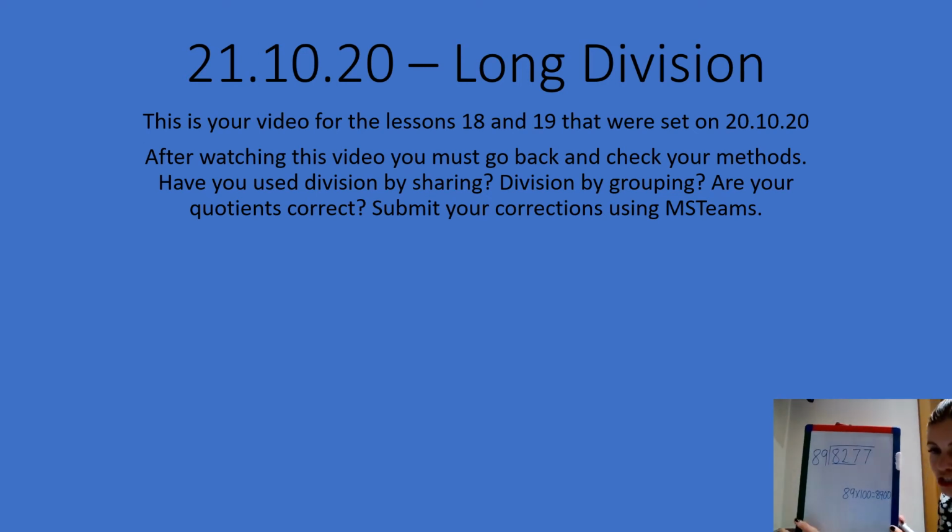Now I know that that's useful, but actually that number is bigger than my dividend. So I know that my answer is going to be less than 100. So I might say, well, actually I'll try 89 times 90. So to do that, I'm going to do 89 times 9, and then I'm going to make that 10 times larger. So 89 times 9, I might do a quick short multiplication.